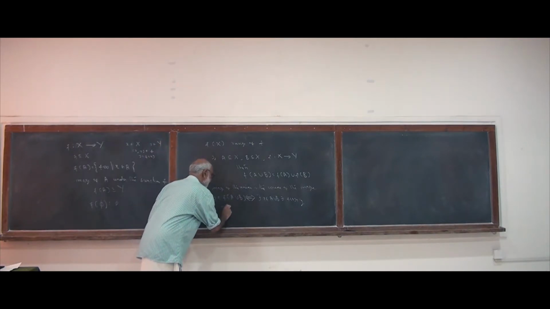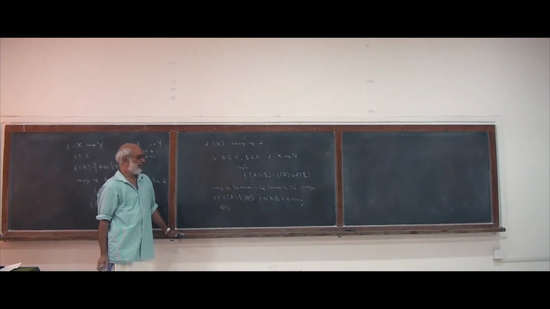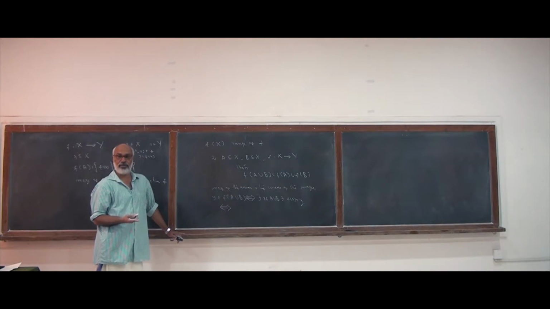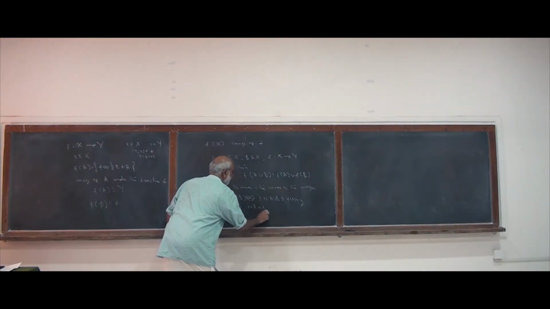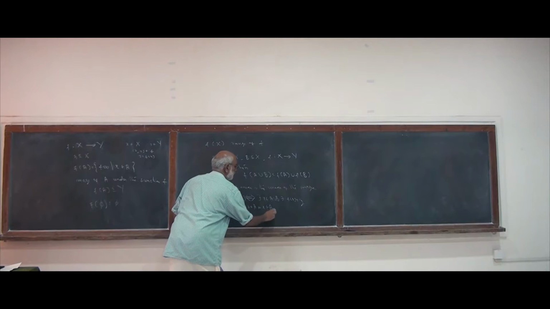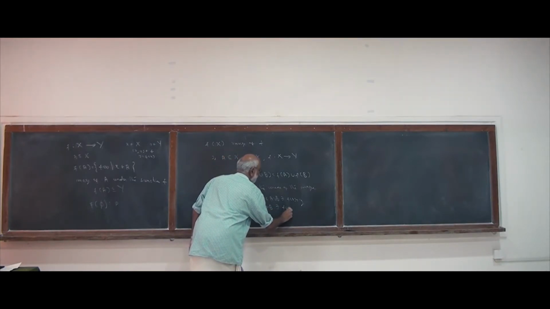Now, when does this happen? x is an element of A union B means x is either an element of A or an element of B. So there exists x element of A or x element of B such that f of x is equal to y.